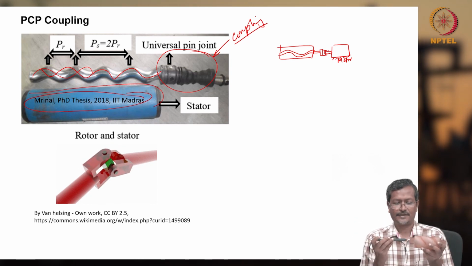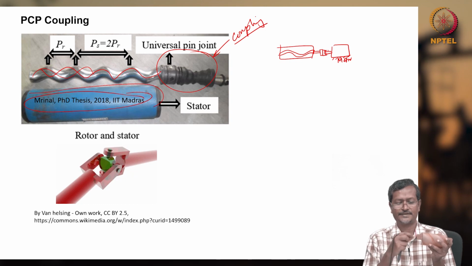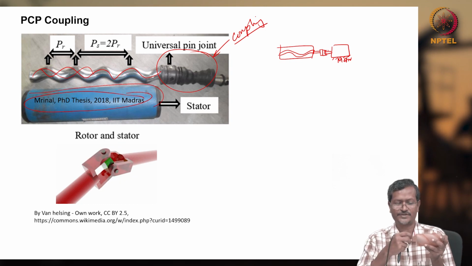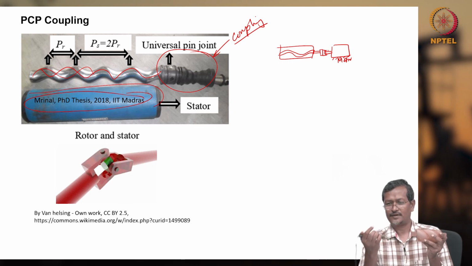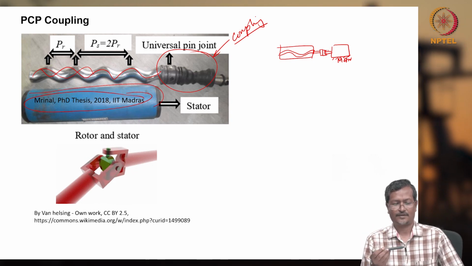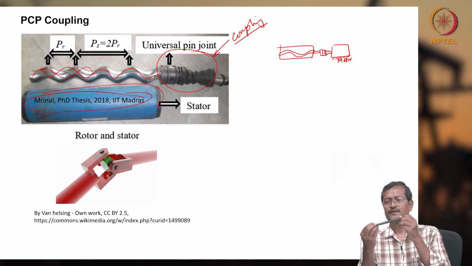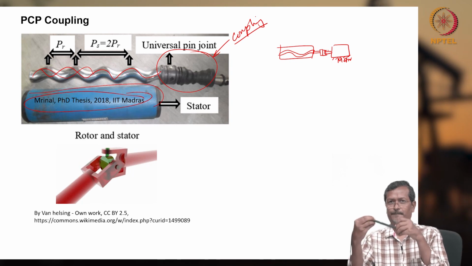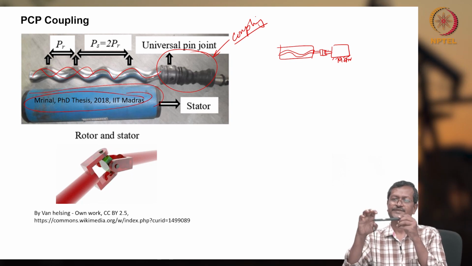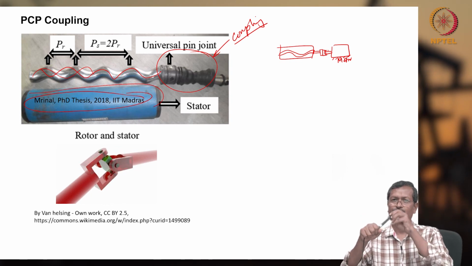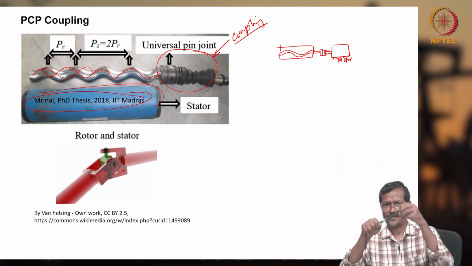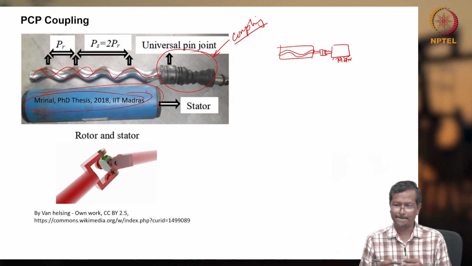That means if we fix it rigidly, let us say by welding or nut and bolt, then it will get broken because one end is moving, another end is not moving. That means you have to give some flexibility here, so that when it is rotating, it moves like this.